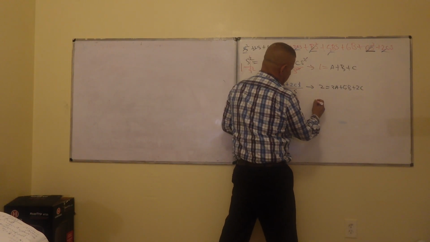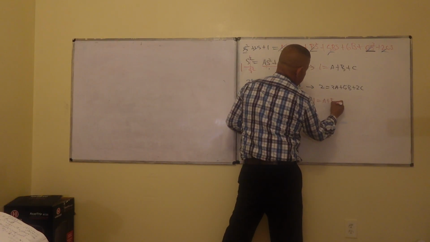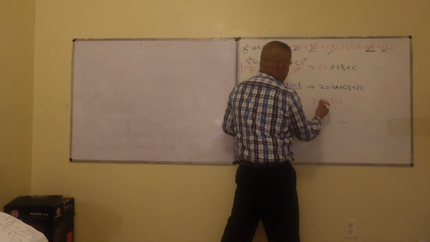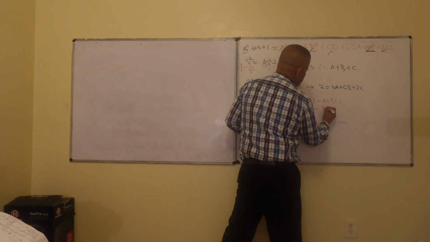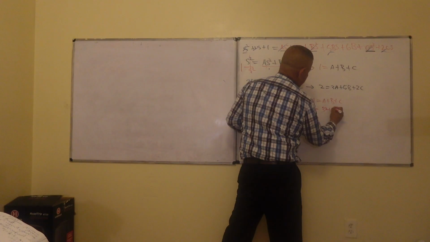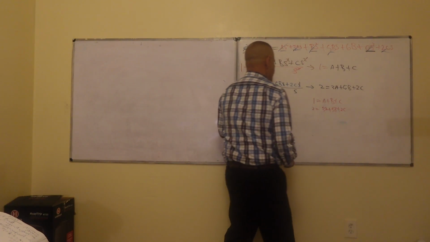I have 1 equals A plus B plus C, and I have 2 equals 3A plus 5B plus 2C.